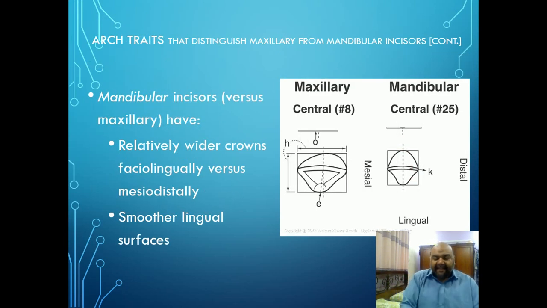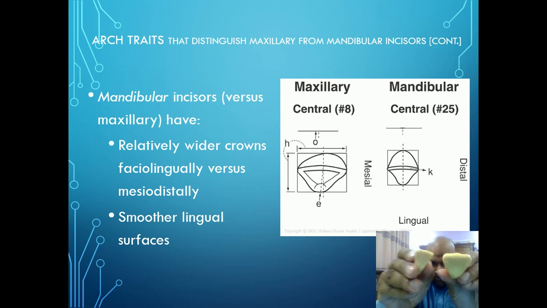Now, if you look at the incisal view, the incisal view is when you turn towards the... I don't know if you're able to view this or not. Here it is. So this is the incisal view. Now, if you compare the incisal view of both the centrals and the laterals, I don't know if you can see with the camera.